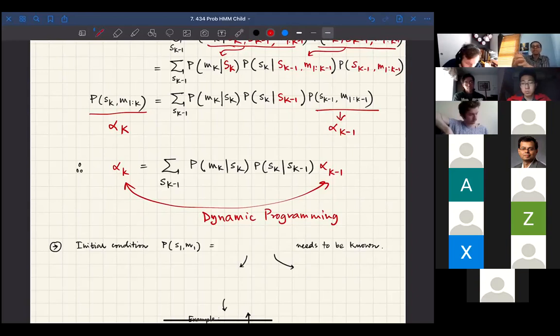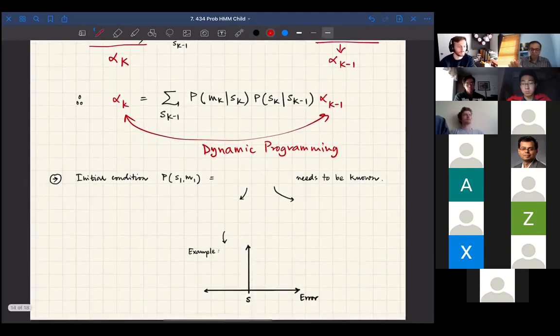We are going to reuse it, and that will cut down computation logarithmically. Okay? That's the valuable part here. But there's one more thing we need to work on, which is, hey, where do we start this dynamic program? The starting point is alpha 1. So what is alpha 1, guys?